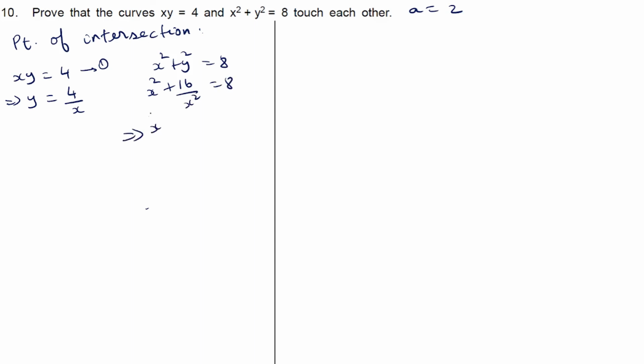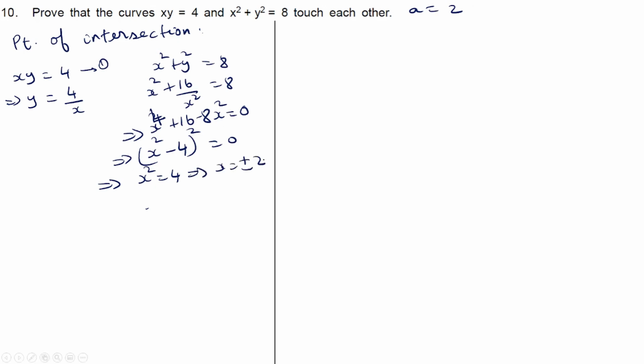When we simplify we get x raised to 4 minus 8x square plus 16 equal to 0, or we have x square minus 4 the whole square equal to 0. So from here we have x square equal to 4, or x is equal to plus or minus 2.